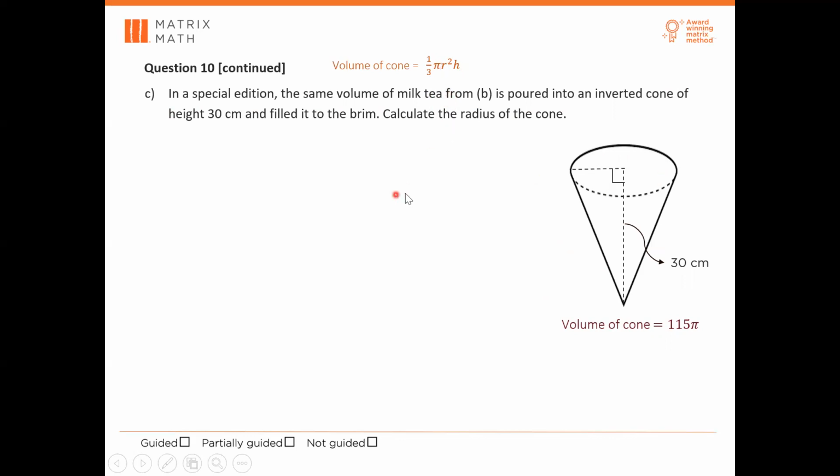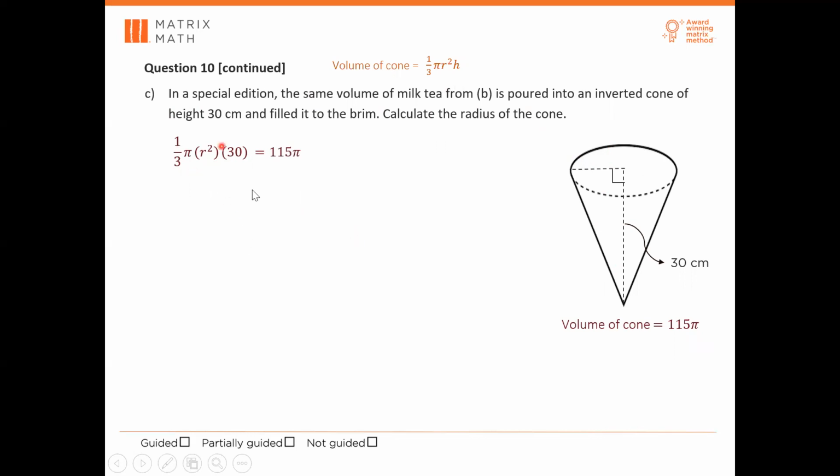At this point, of course, I don't know the radius of the cone, so let's just call it r for now. Height I have, 30. So 1/3 times pi times r squared times 30, and this volume of the cone will be the 115 pi.